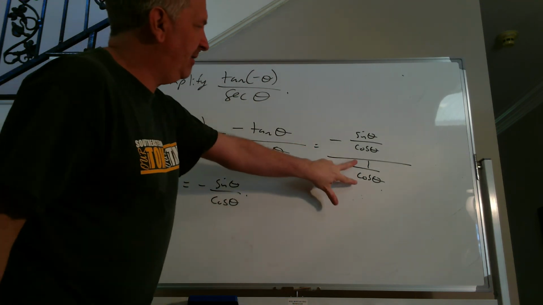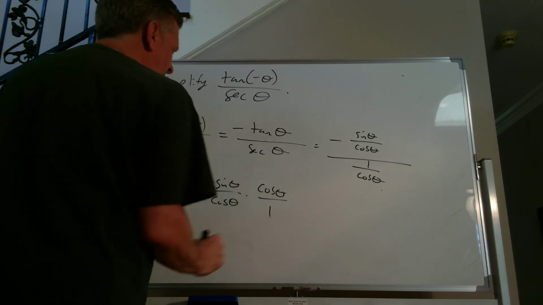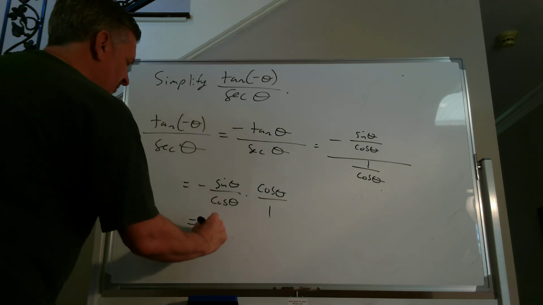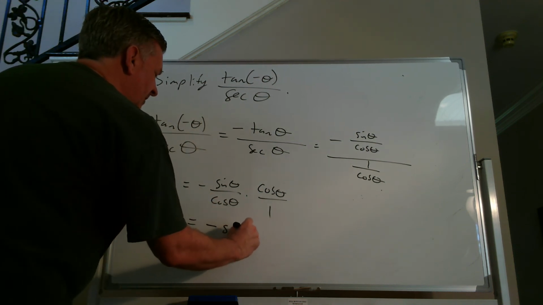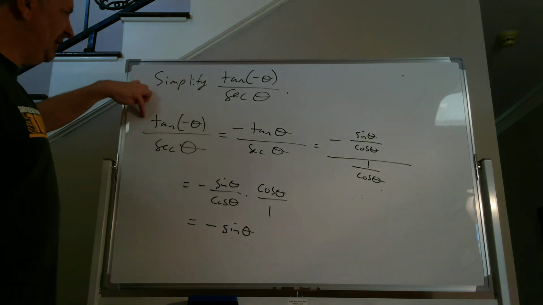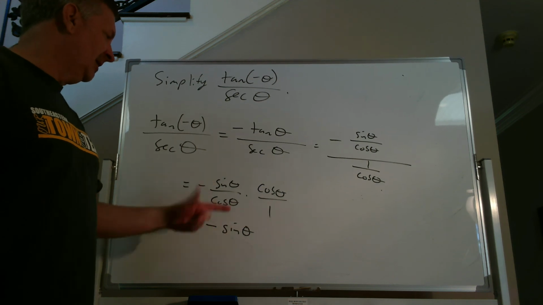To divide by a fraction, you invert and multiply. So I get cosine theta over 1. Everything's being multiplied and divided, so I can cancel the cosine. And you're just left with minus the sine. So again, what did I use here? I used the negative angle identity, quotient identity, reciprocal identity, multiplying fractions, and cancel.